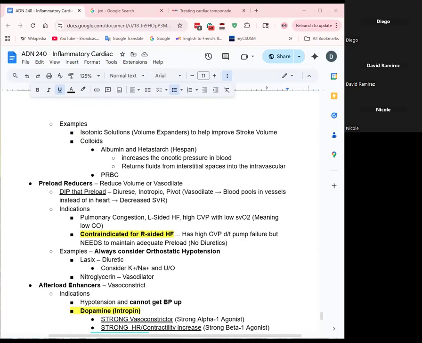Where's the medication part of it? Any questions on anything at all?